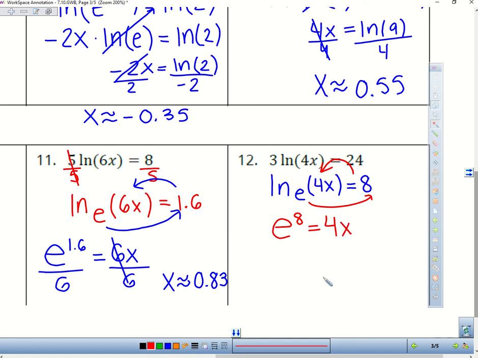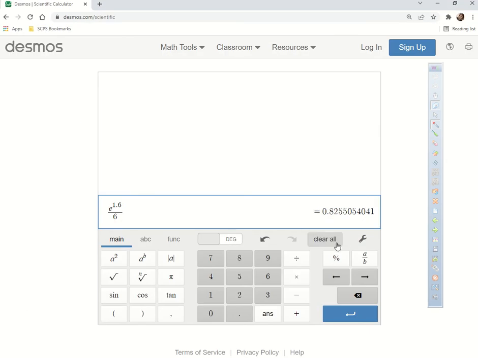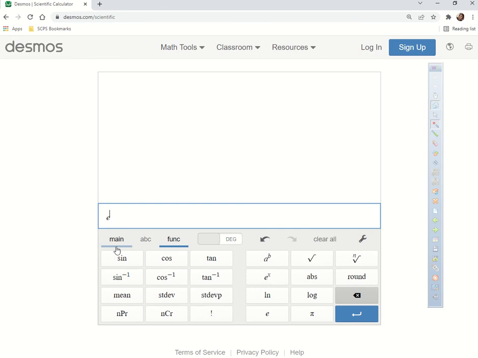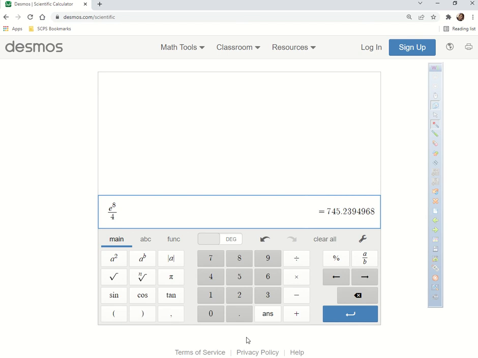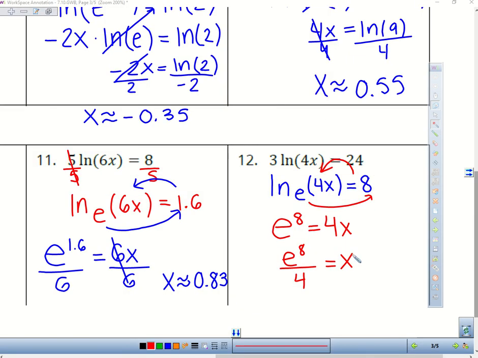And then I'm going to divide both sides by 4. So 745. I'm just going to round to the whole number here. No reason, just felt like it.